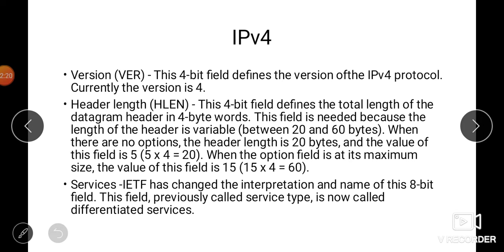This field is needed because the length of the header is variable, between 20 to 60 bytes, so it depends upon the options. If there is no option, the header length is 20 bytes, and the maximum it can be is 60, when the option field is at its maximum.